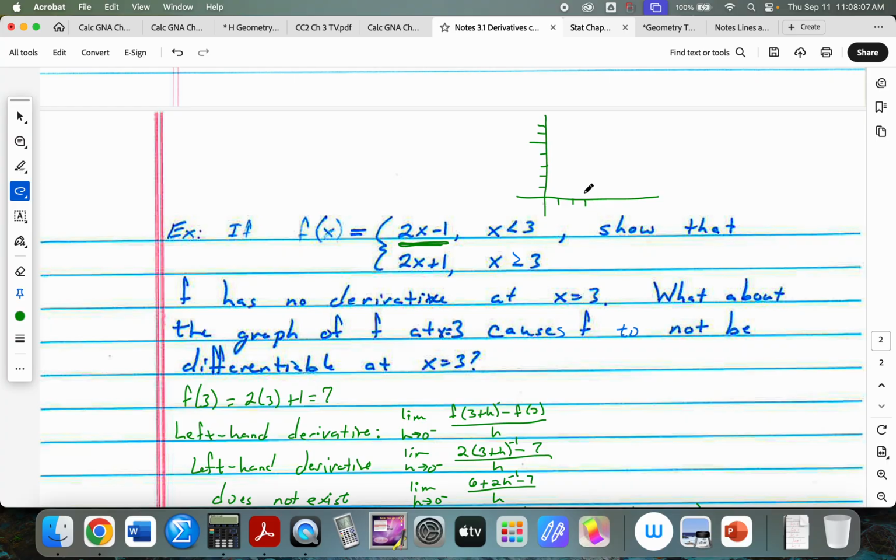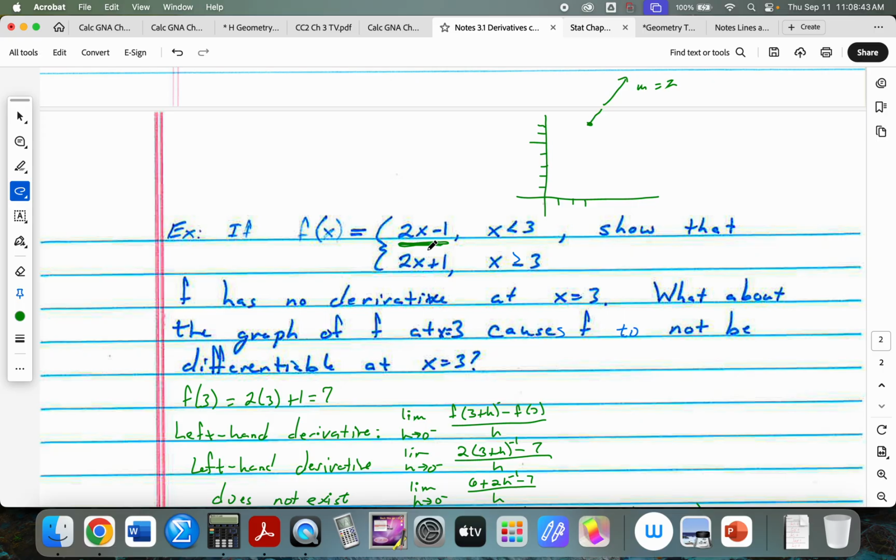So I know that this goes through the point 3, 7. And then to the right of that, it follows the graph 2x plus 1. So that's going to start at the point 3, 7 and go up with a slope of 2. And I've drawn mine so close to here that it's going to have a little break there, which is what we found.